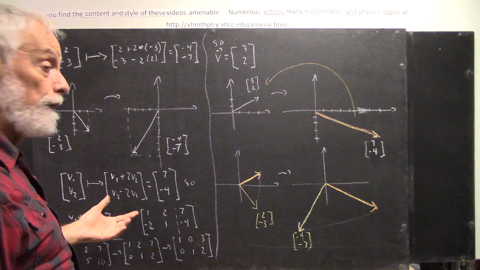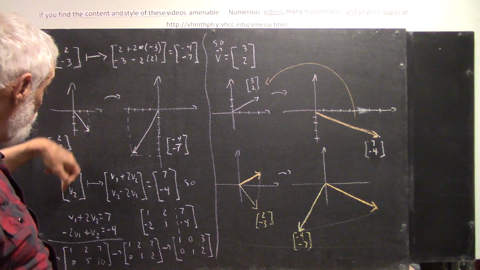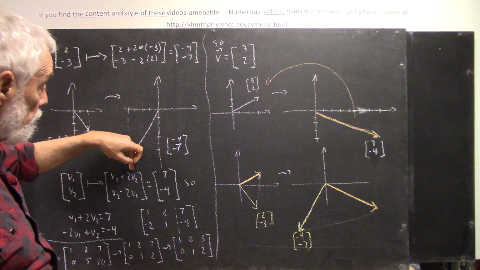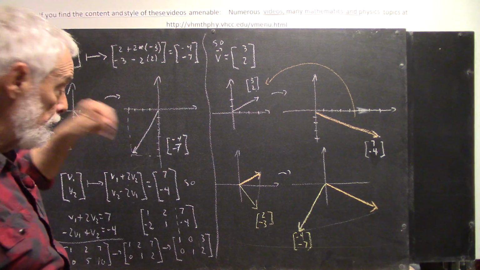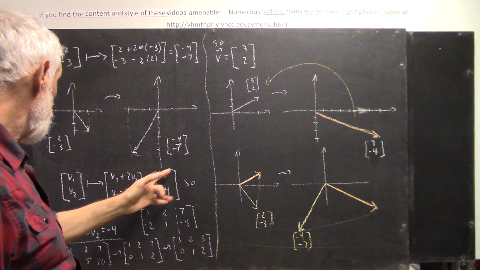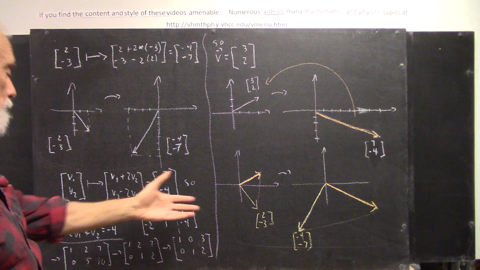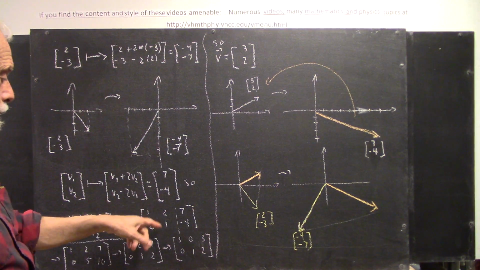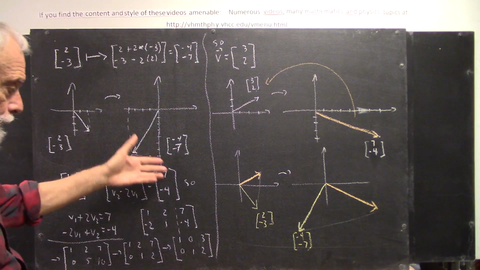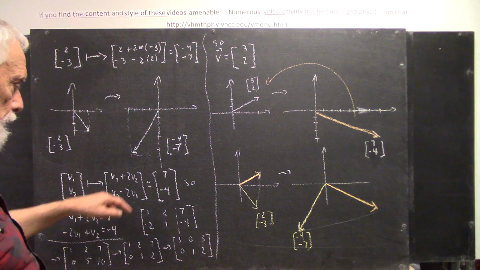So how are we going to find v1 and v2? Well, whatever v1 and v2 are, v1 plus 2v2 has to equal 7, and v2 minus 2v1 has to equal -4. That gives us two simultaneous equations. Okay, I'm not going to read them to you. Here they are. And we solve them in this case using row reduction. We could also have inverted this matrix and multiplied by 7, -4, and you should be completely aware of that by now.